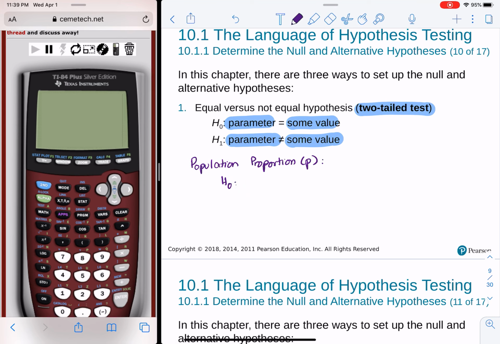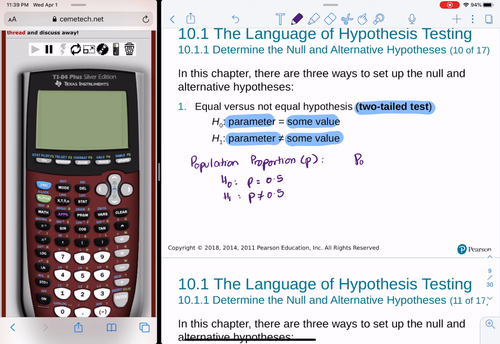So I could make an arbitrary claim that the proportion is equal to 0.5 against the proportion is not equal to 0.5. Now that is an example of the first type, which is a two-tailed test. I could also make a claim about the population mean. This is an arbitrary example, so mu is equal to 8.4 versus the claim mu is not equal to 8.4.